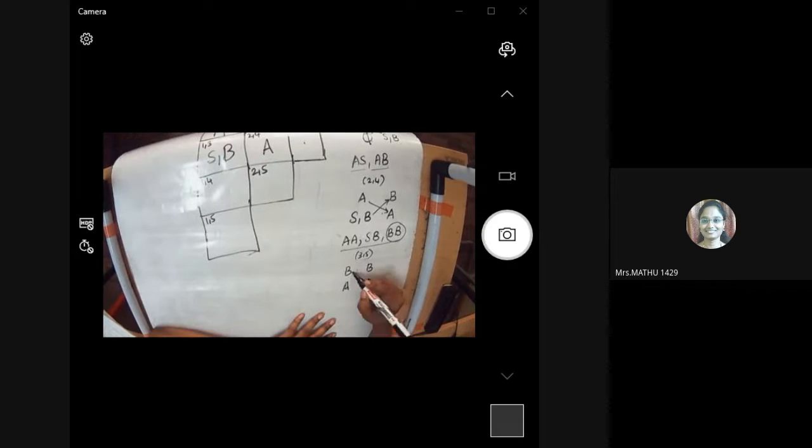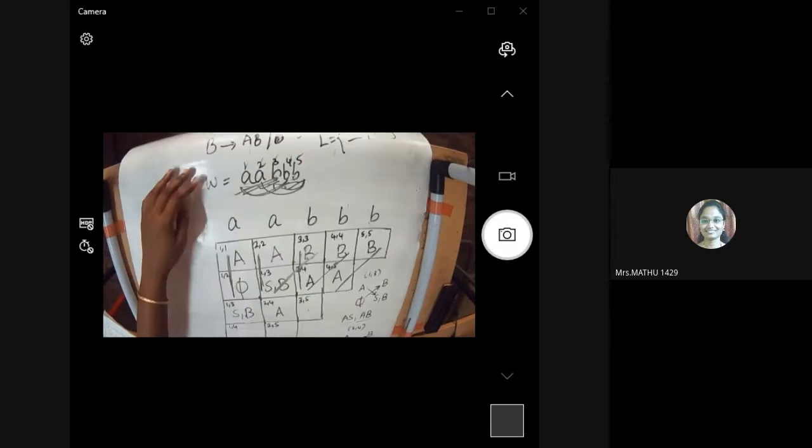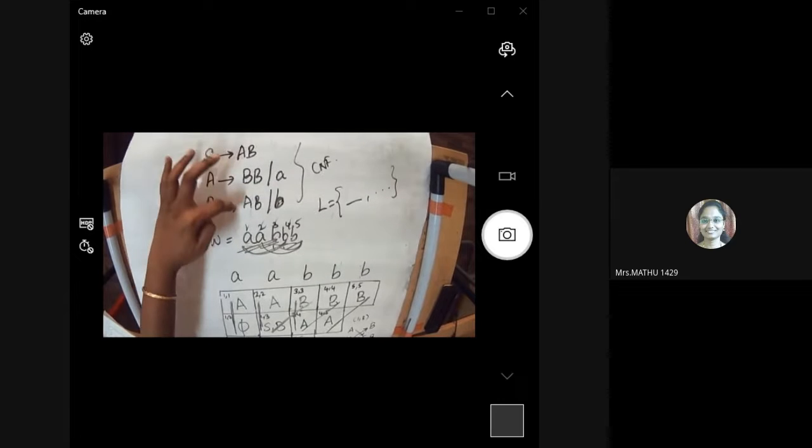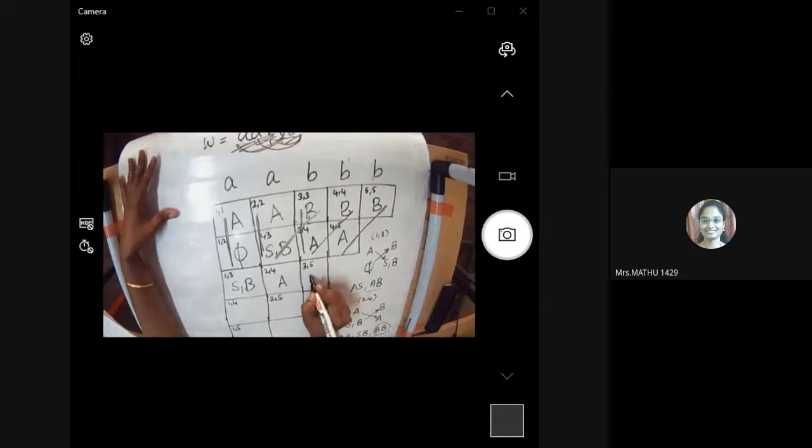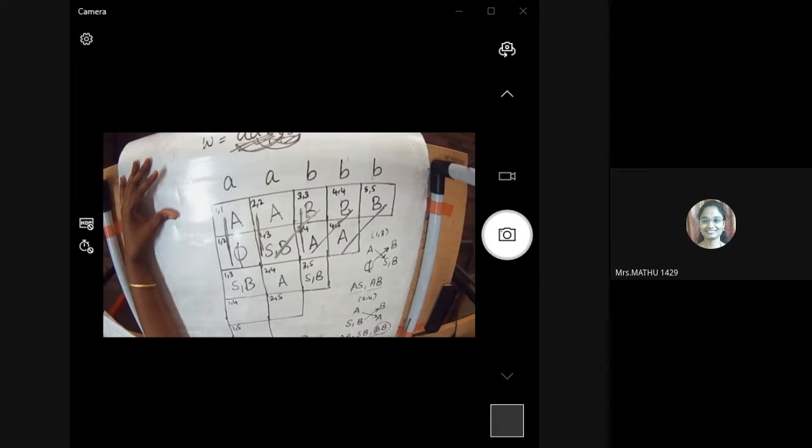Now cross it with each other and find out the variables, BA and AB. You have to write it in this order only, BA combined with AB. Again AB is available in the given production and that is generated by S and B. So this cell will get S and B.